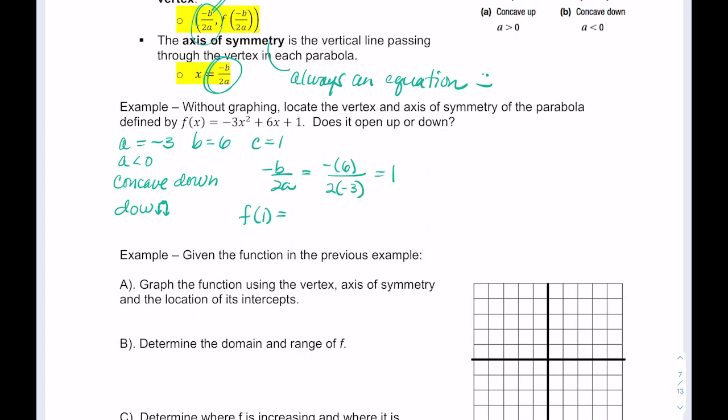So I'm going to find f of 1. And when you do that, 1 squared gives you 1. 1 times negative 3 is negative 3, plus 6, plus 1, and that is 4. So that tells me that my vertex is the point 1, 4.